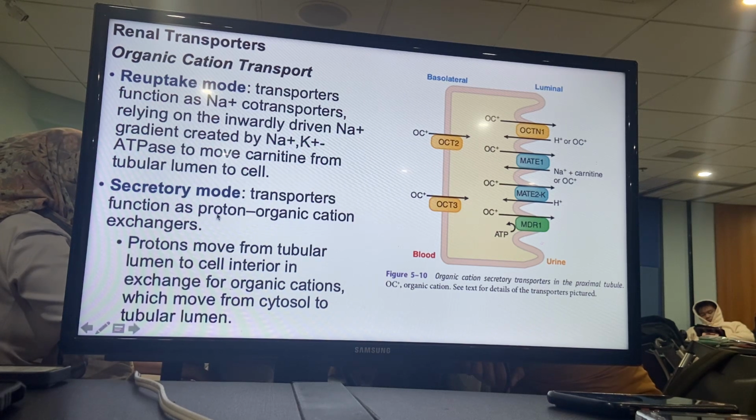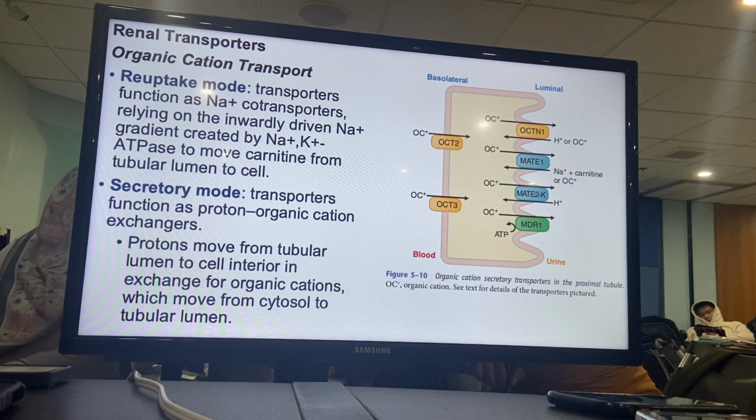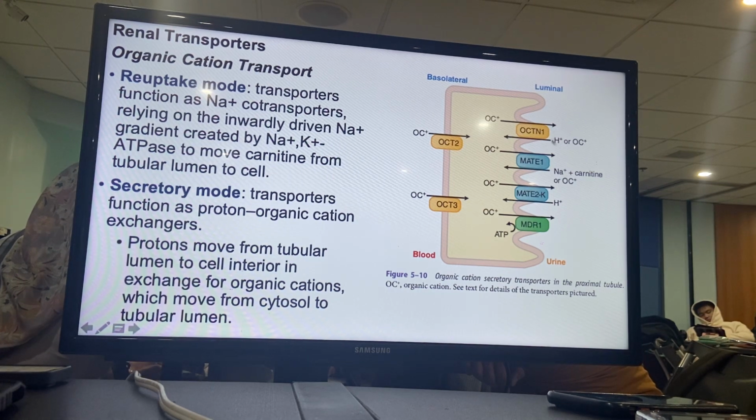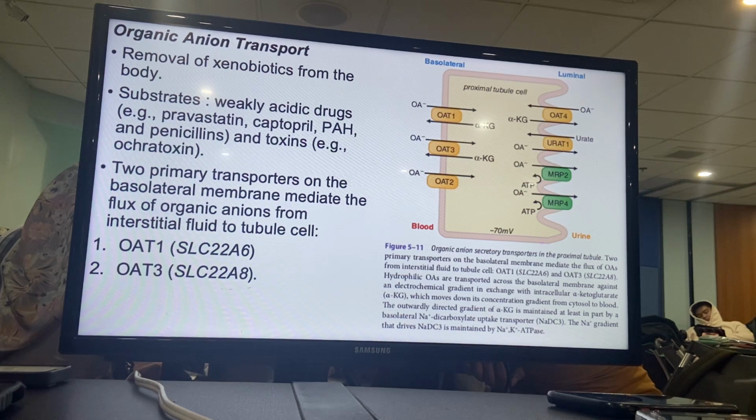In the secretory mode, they function as proton organic cation exchangers, from the tubular lumen to the interior in exchange for organic cations or hydrogen ions. So please take note of the difference between the two modes. And of course, examples, I'll leave that to you.